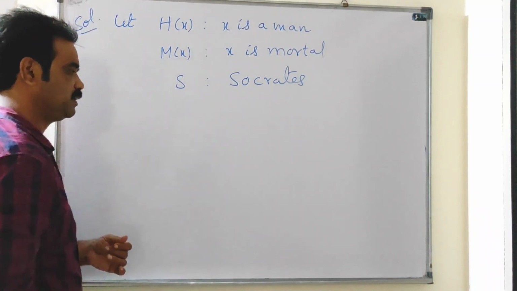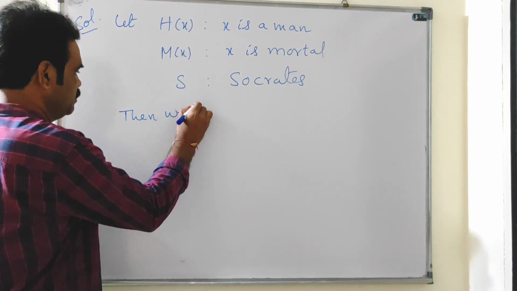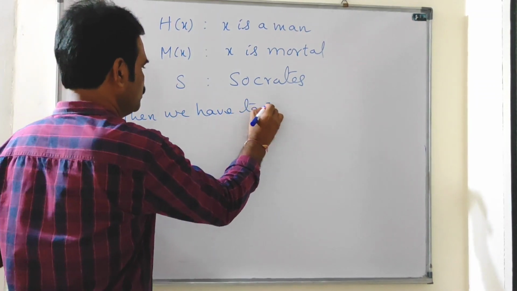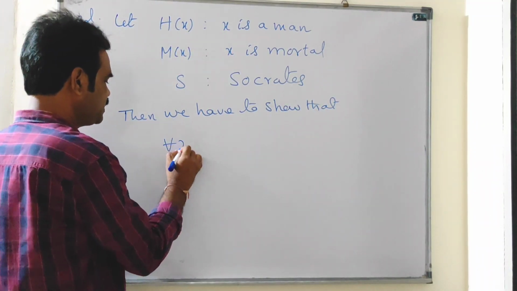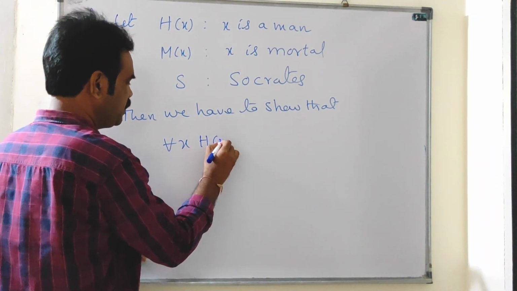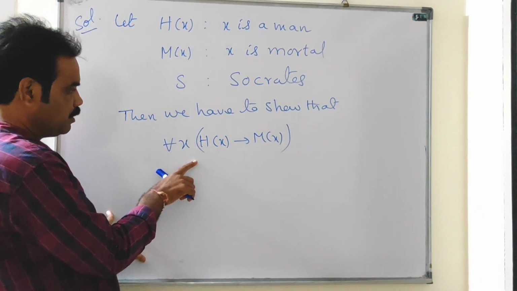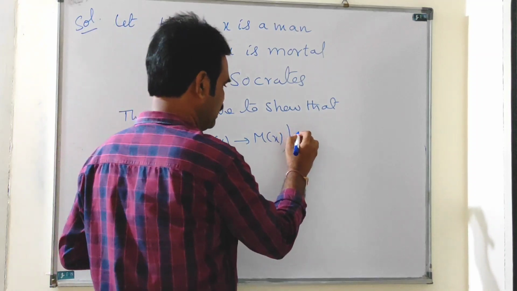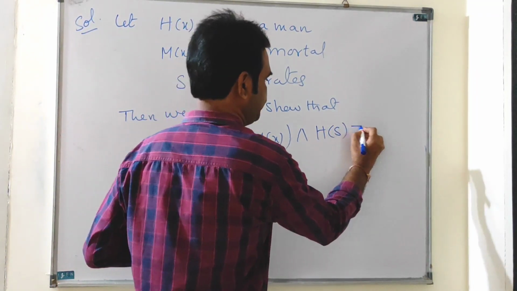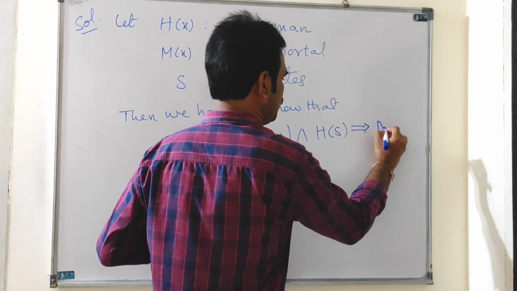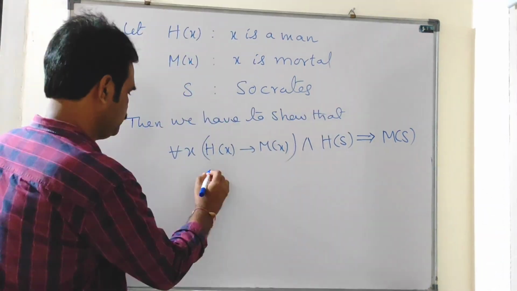Then I have to show that for all x, h of x implies m of x. This means all men are mortal. And h of s means Socrates is a man, imply m of s. That means Socrates is mortal. This is our conclusion.